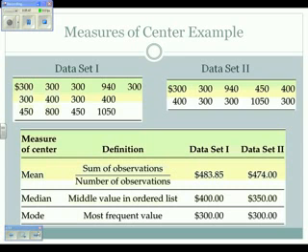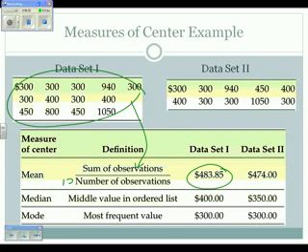So we would add all these numbers together, and we would divide by 13, and that would give us 483.85. So all of these data values get added together. That's the sum of the observations. And then we divide by the 13 to get 483.85.